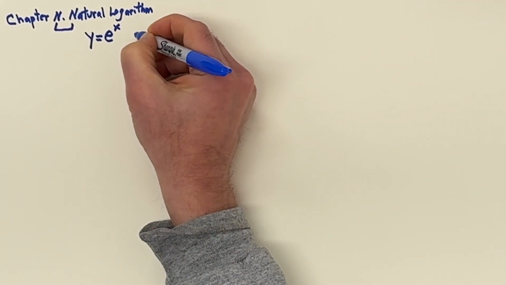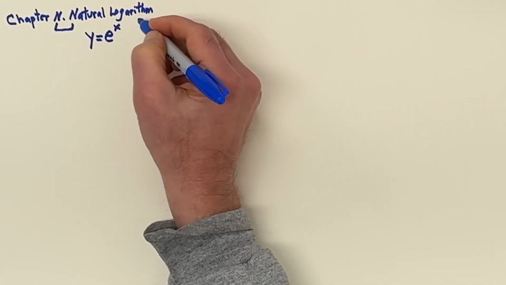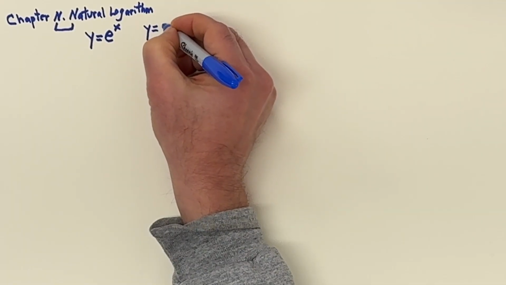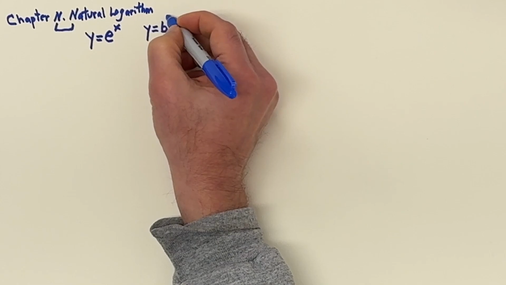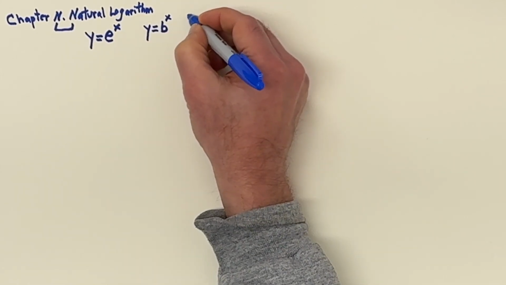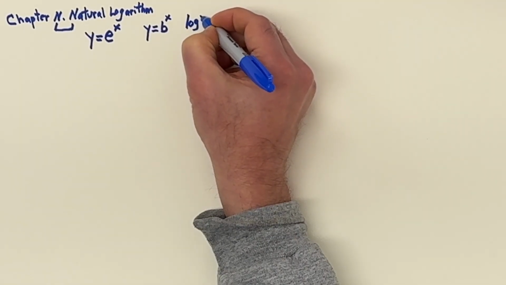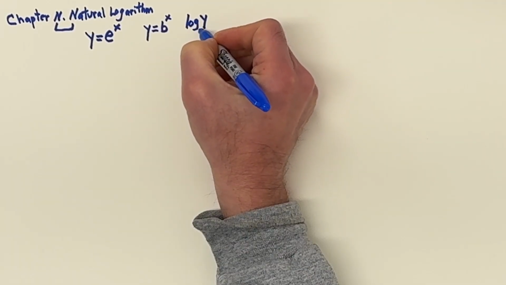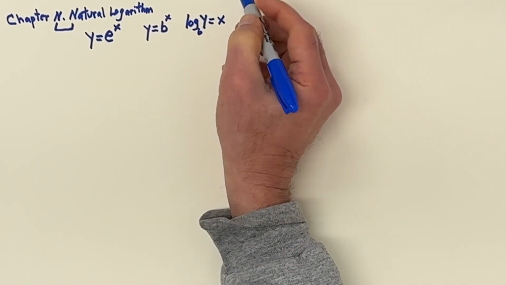Now, the definition of the log with respect to a given base: if you had y equal to some base b to a power x, then we would say the log of y, base b, would be equal to x.